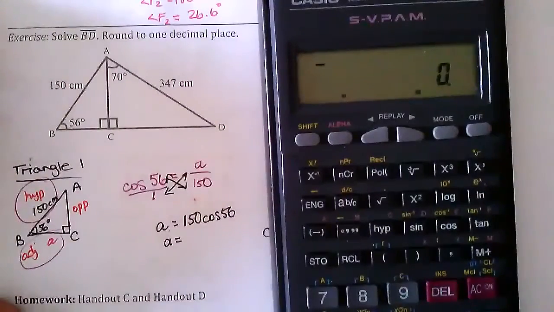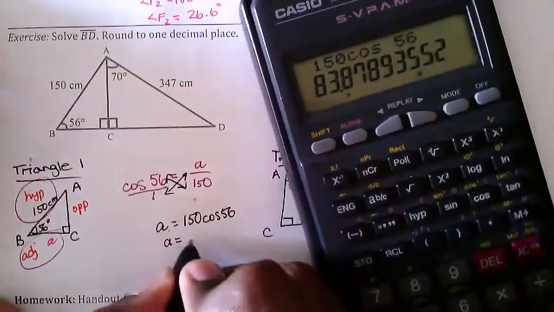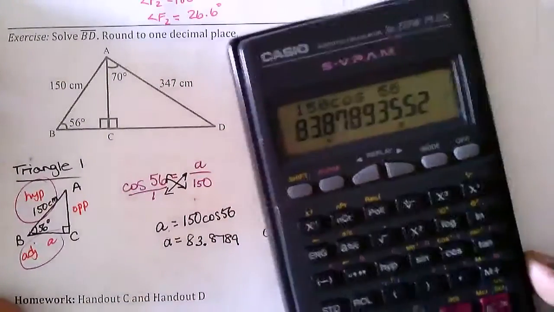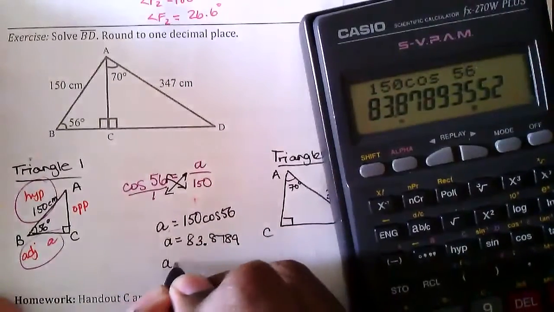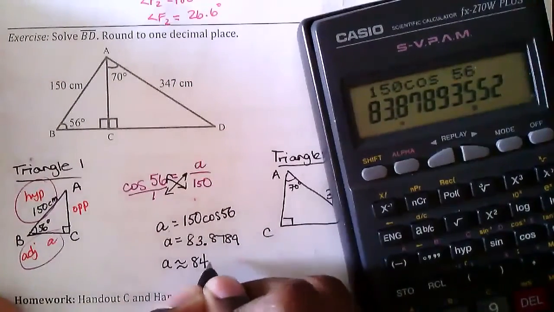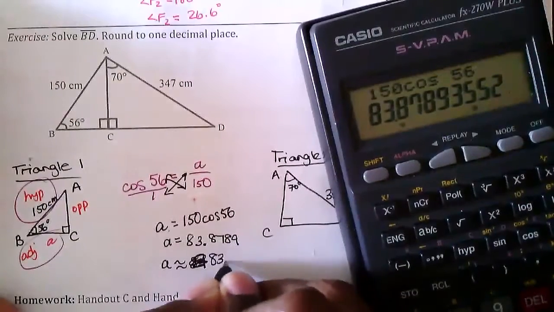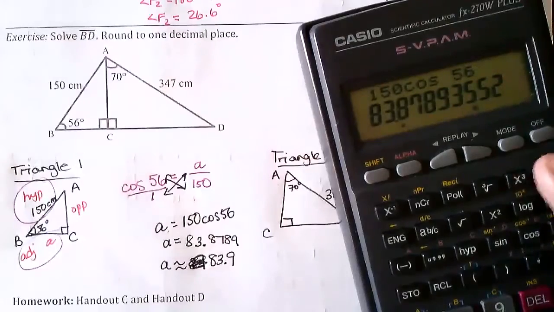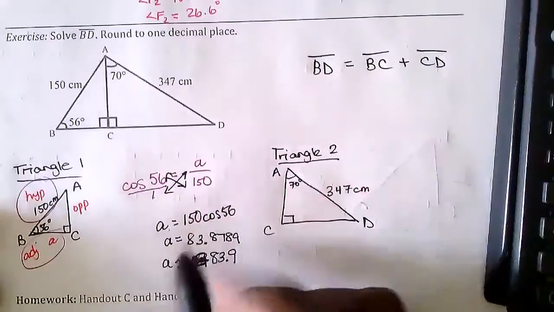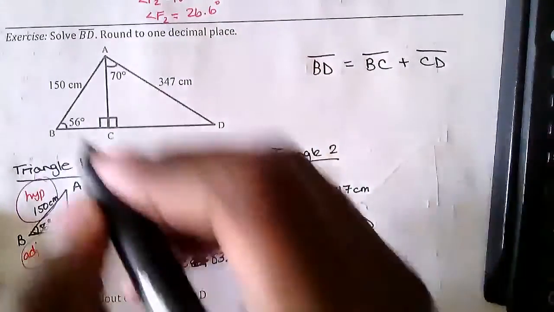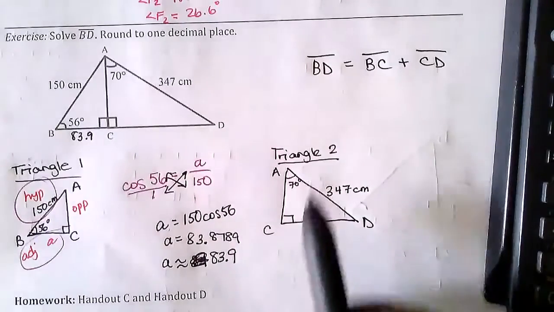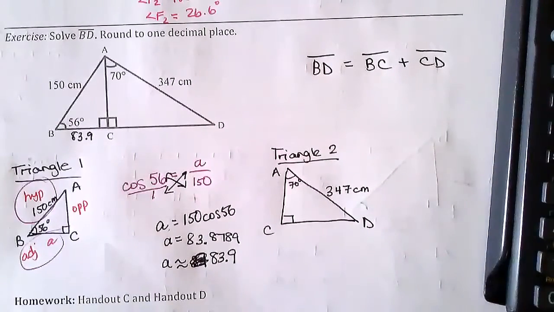So 150 cos 56, which equals about 83.8789. The instruction said to round to one decimal place, so a is approximately 83.9. Okay, so that's essentially what I have. So now I know that A, which represents BC here, is 83.9 units long.